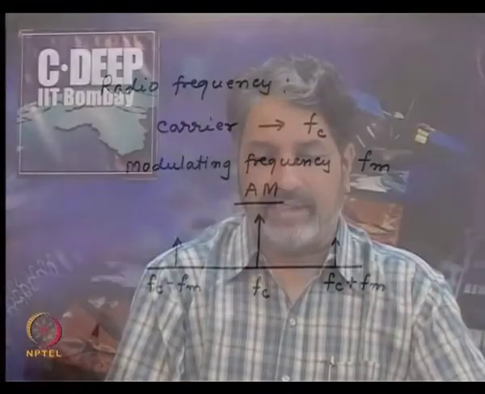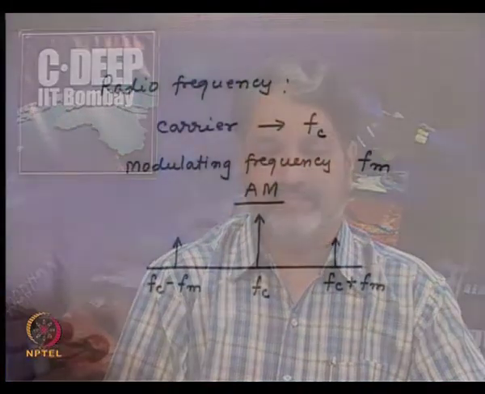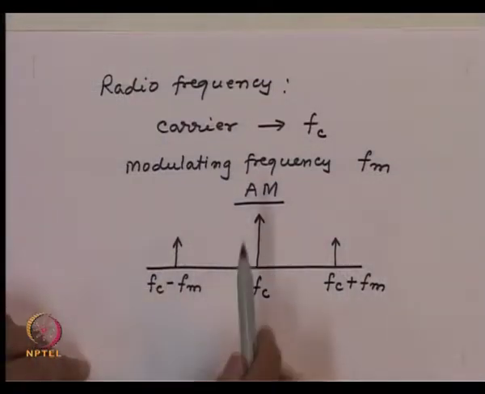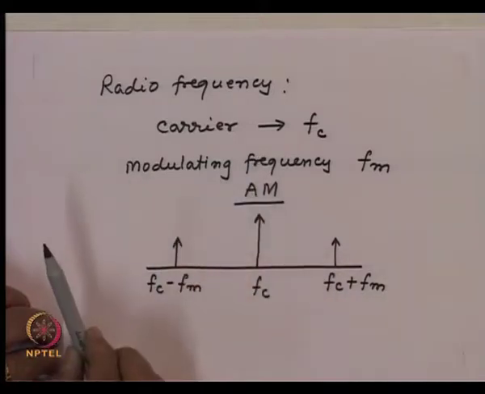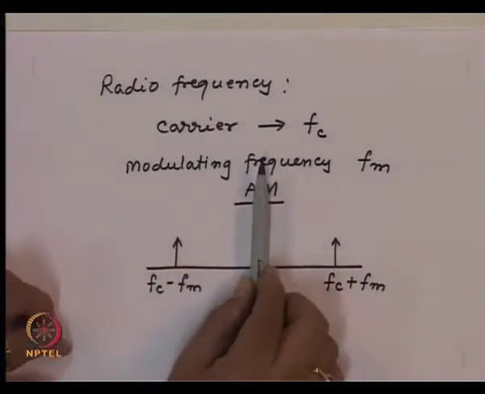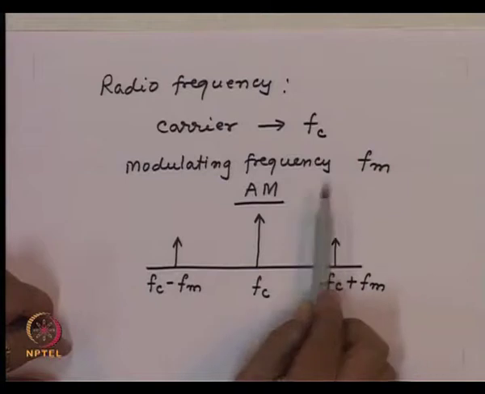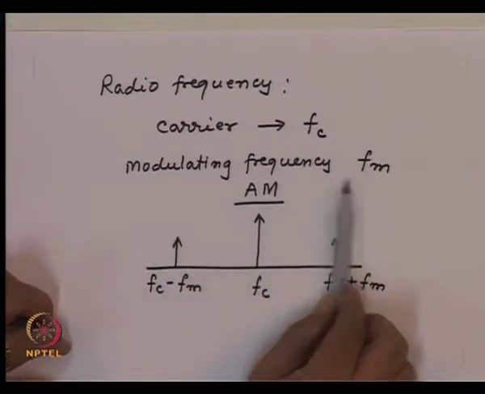So, at radio frequency, since the spectral width intrinsically is very small for the carrier, you see the frequency spectrum which consists of 3 delta functions, one located at fc and the side bands located at fc plus fm and fc minus fm.